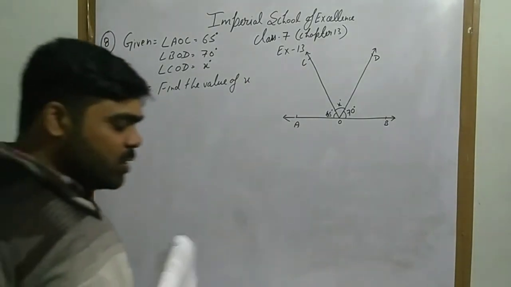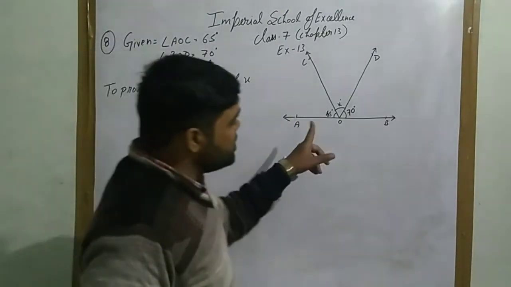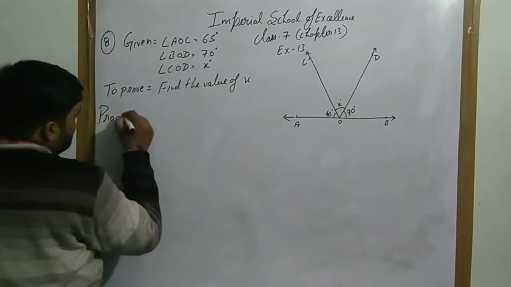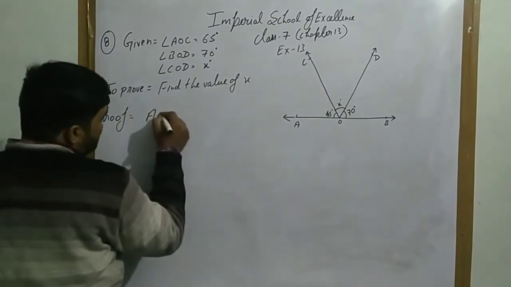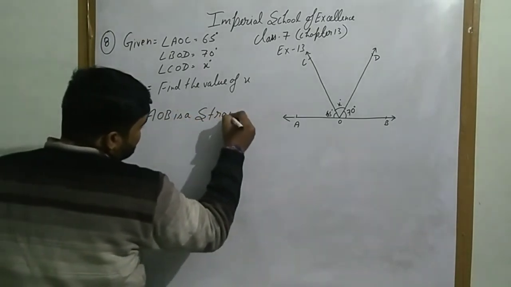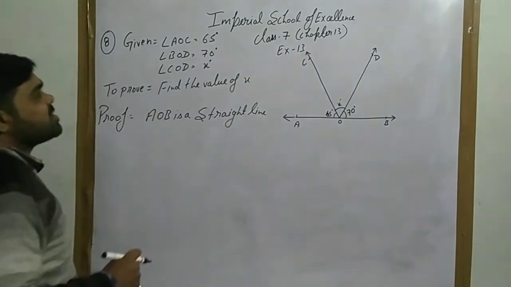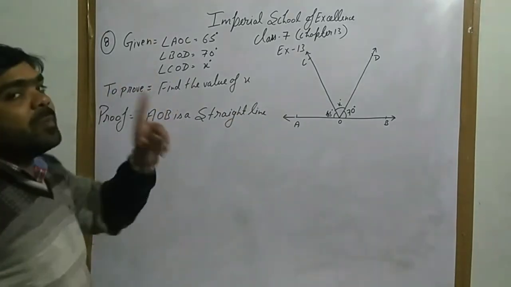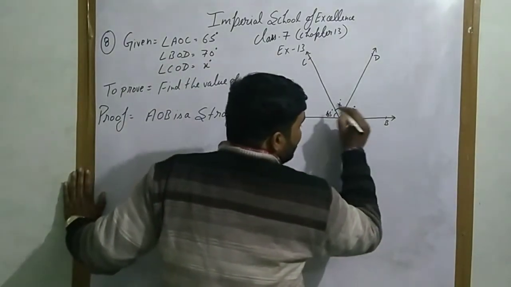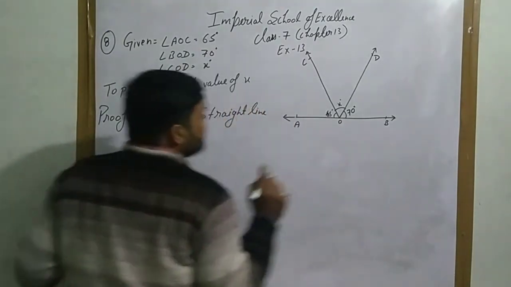Then what you can do here, since AOB is a straight line, you can see right here proof. AOB is a straight line, which means the sum of all three angles will be 180 degree, because any angle made on a straight line is only 180 degree.